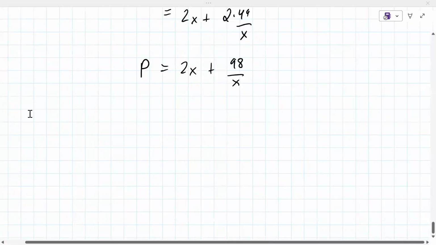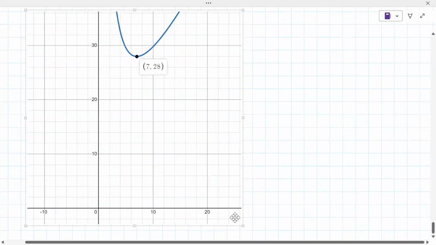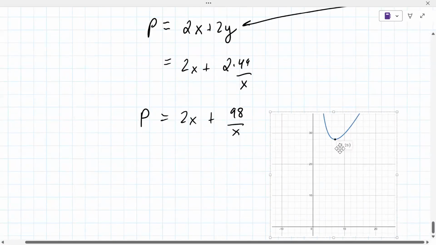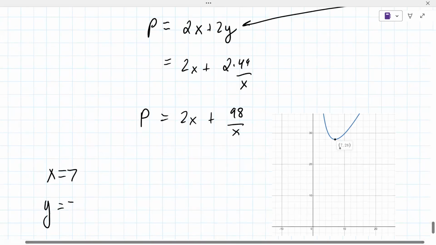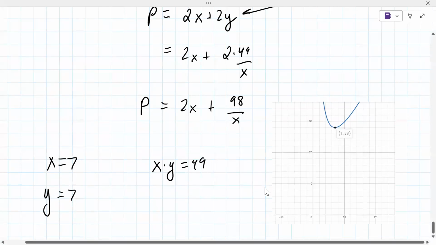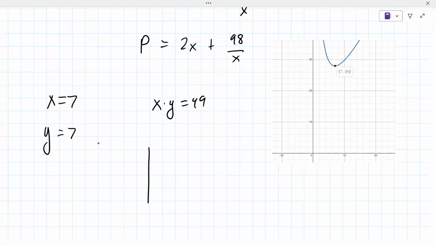Rather than take the derivative, you'd get something like this. The minimum is right there at 7 when X equals 7. You'd go back and find that Y also equals 7 because X times Y equals 49. And you might eventually say to yourself, well, that's a square.